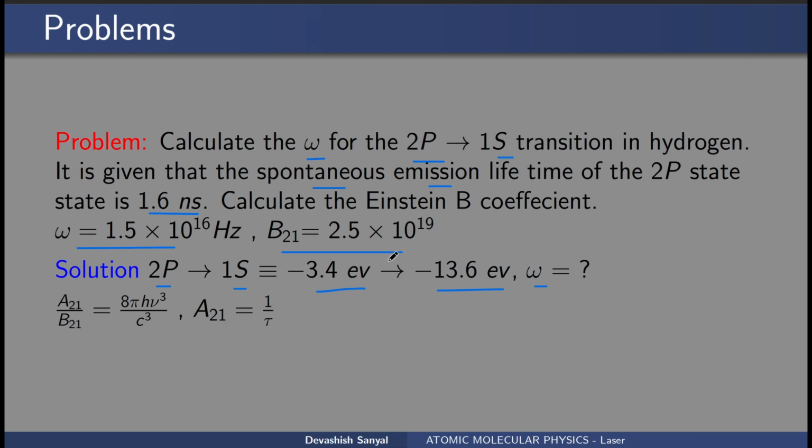The lifetime of the spontaneous emission is given as 1.6 nanosecond. So the spontaneous emission rate is actually 1 by tau, that is A21. So from here I can calculate A21. Once I know A21, I can calculate B21 from the relation between the Einstein coefficients, which we have already discussed.